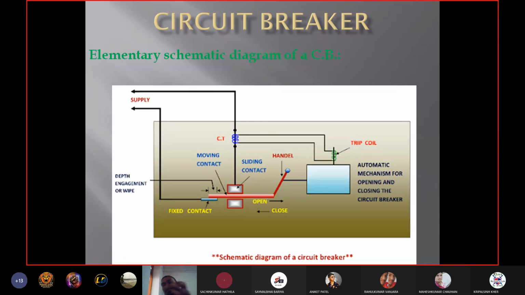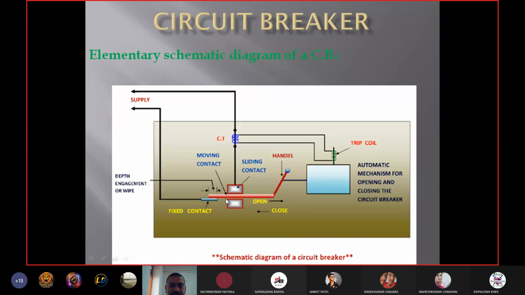Now, due to this current flowing through the trip coil, the trip coil is energized. Due to the energization of this trip coil, the force produced is now capable of bringing this handle into the right direction.